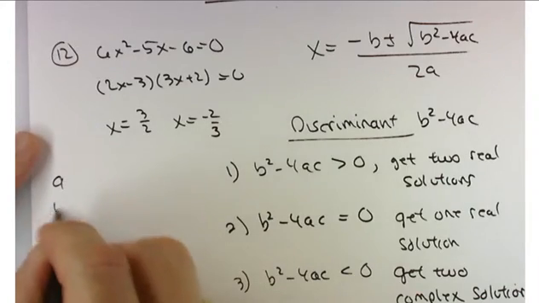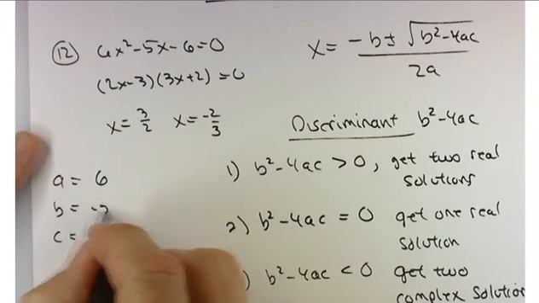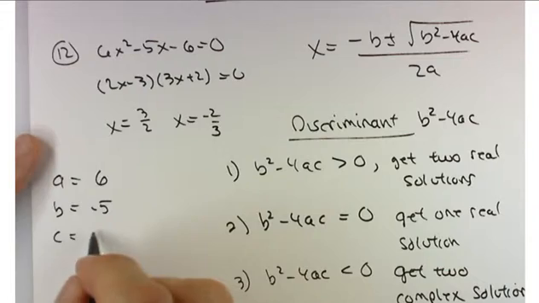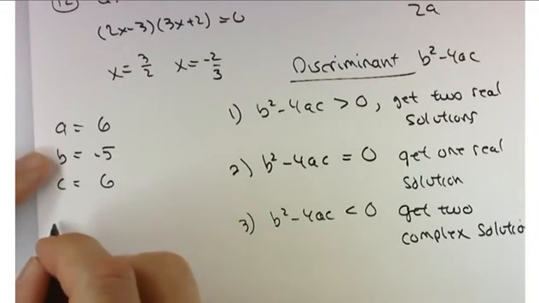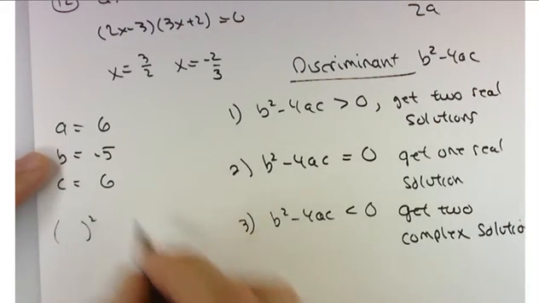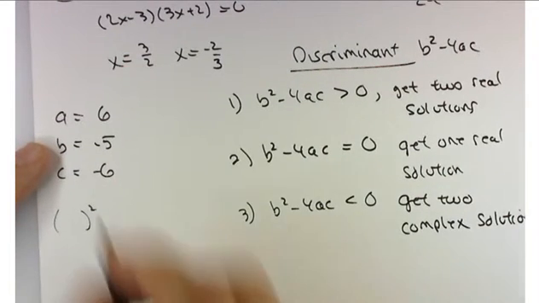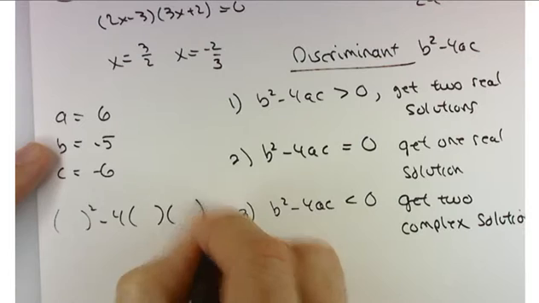A, B, and C are 6, negative 5, and 6 again. So let's calculate b squared. Yeah, it'd be negative 6. Thank you. So b squared minus 4ac would look like this.